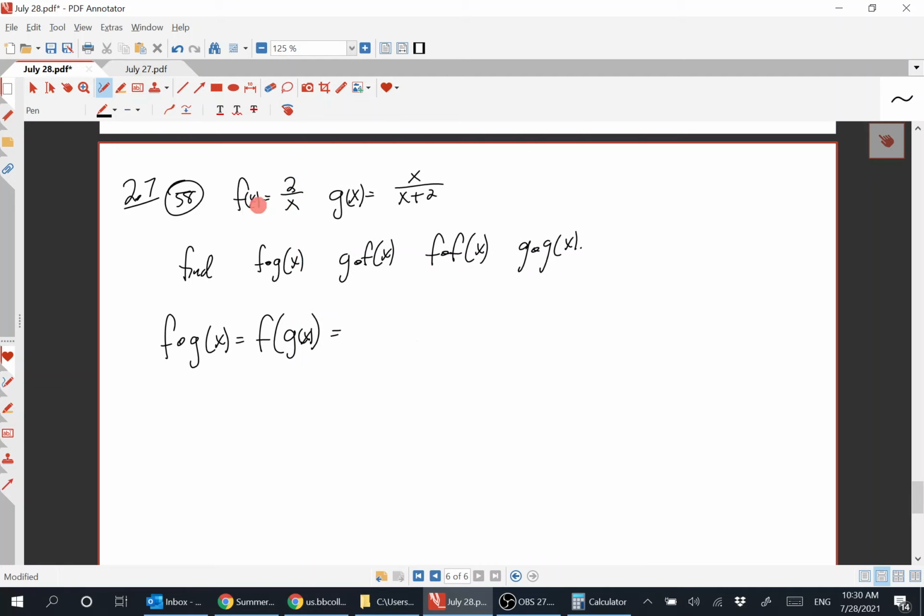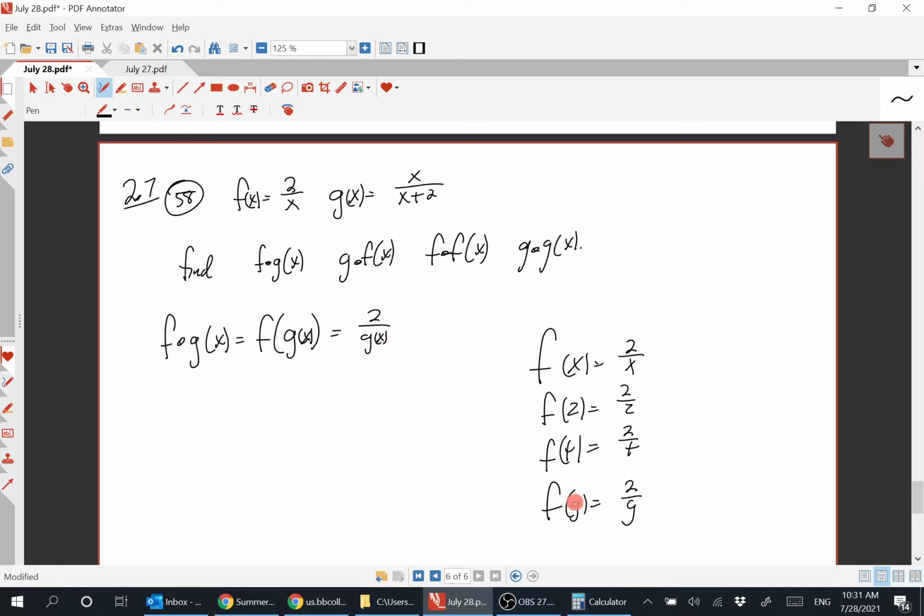So if f of x is 2 over x, f of g is 2 over g. f of z is 2 over z, f of t is 2 over t, f of g is 2 over g. Whatever you're putting in, you just put it down there. You replace every instance of x with g.